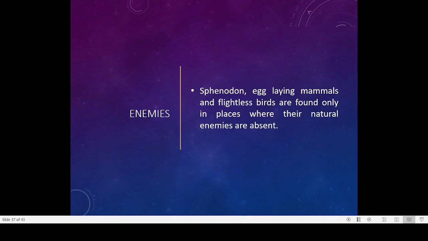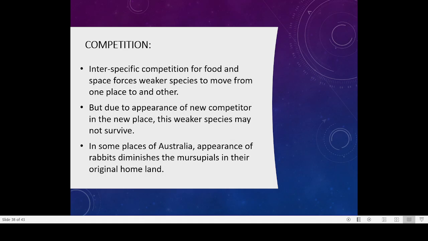They are present in Australia because bigger predators like a lion, a leopard or a tiger are absent. Because of that, they can safely live in a land where these predators are absent. So presence of enemies can act as a barrier.